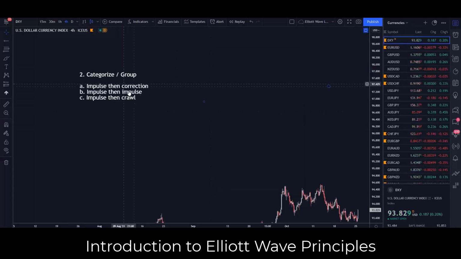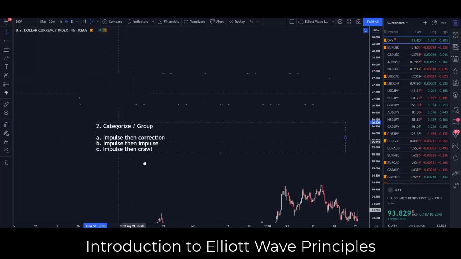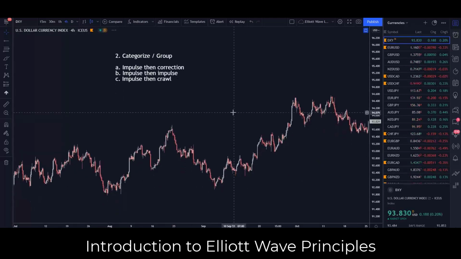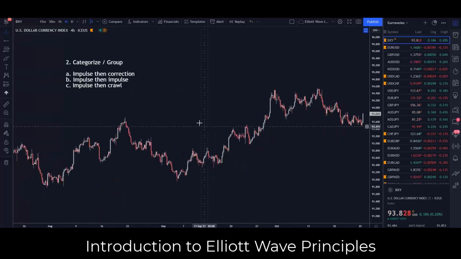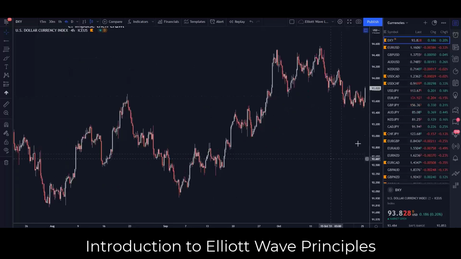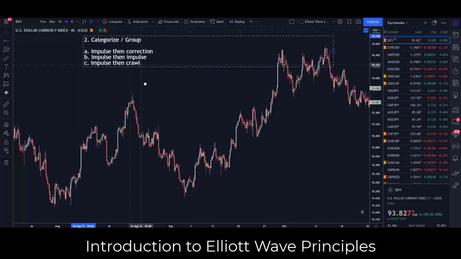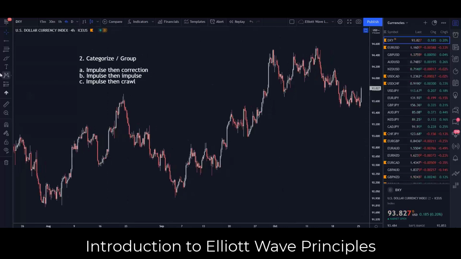Let me show you this on some live example so we can see it clearer, right? On the dollar index here, at least on a 4-hour time frame, impulse and correction is very clear. The first category: impulse, then correction. You can see this, a push up, a correction. This is one category.